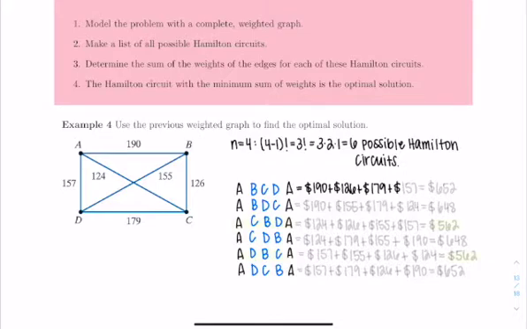And from D to A, I spent $157. So the total trip cost me $652. Then we want to do the other paths the same way, and then we want to see what is the smallest amount of money that was found.